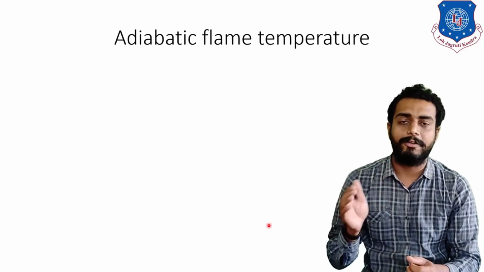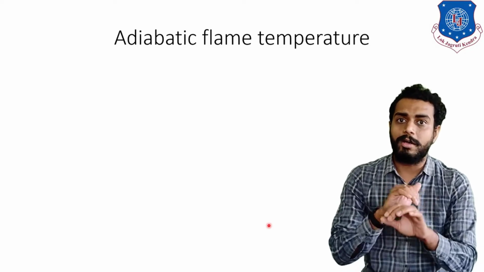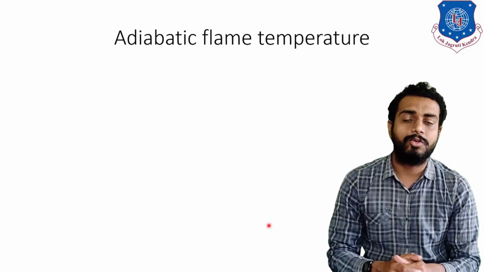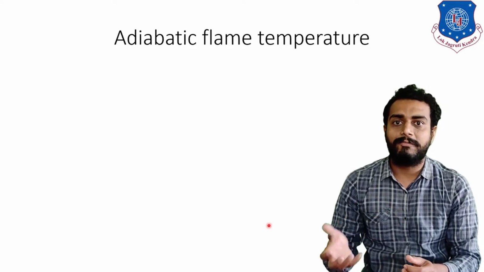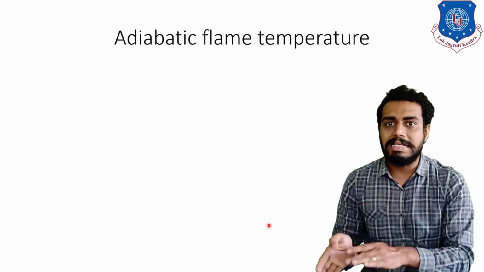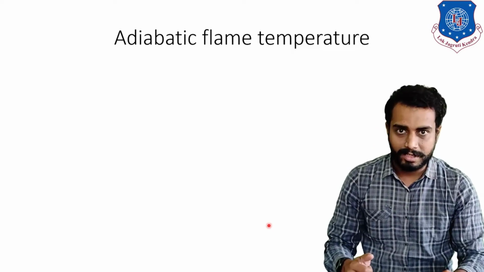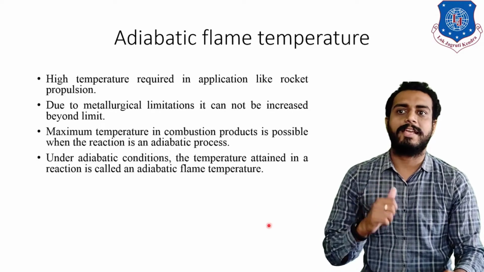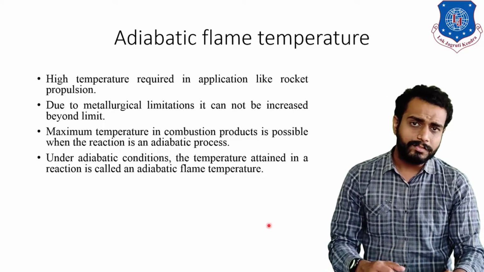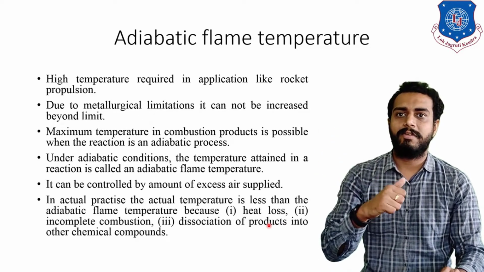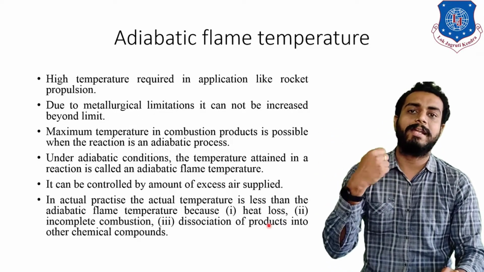But in real practice you cannot achieve a completely adiabatic environment, so the adiabatic flame temperature you achieve is less than the ideal one. Also, high temperatures are required in rocket propulsion.